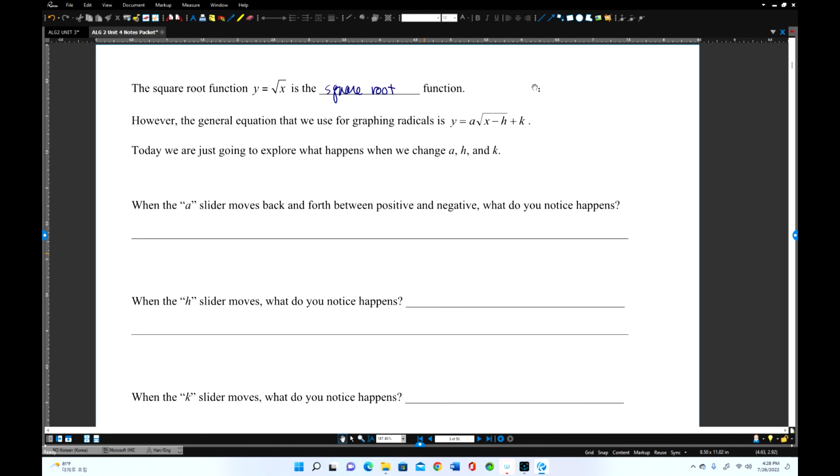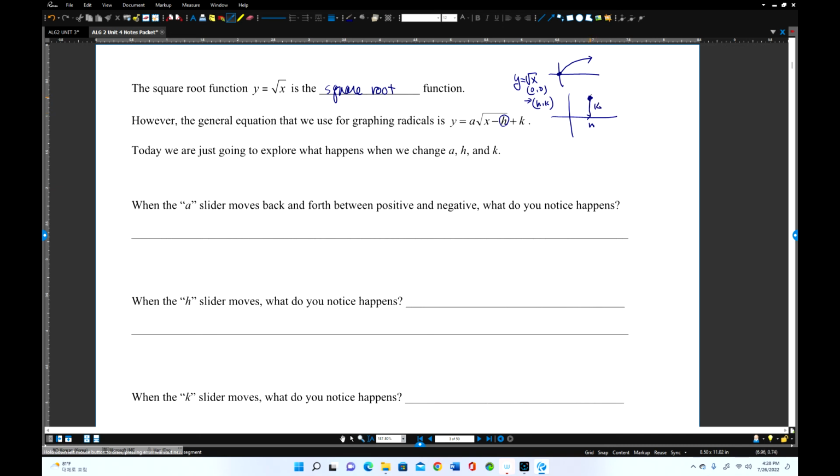Our parent function looks like this way. Y equals square root of x is our parent function, right? The starting point is (0, 0), and it looks like this. But this one now is moved by h and k. That is a translation. So from here, h to the right and k in height.